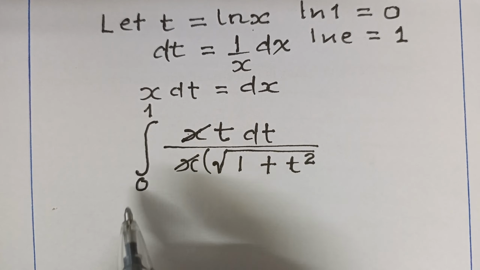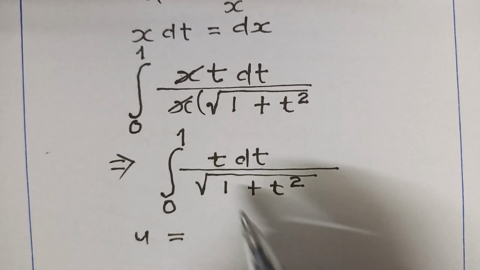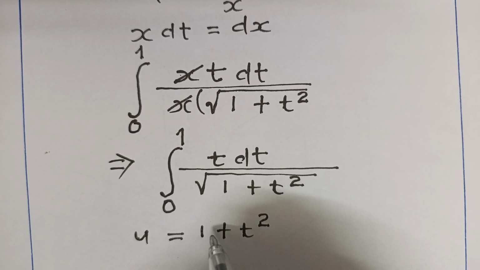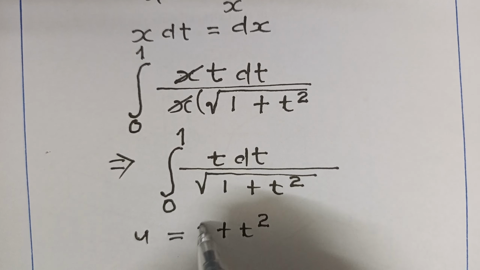Guys, from there, we can now come and replace for 1 plus t squared. That is u, we say u is equal to 1 plus t squared. So guys, we differentiate u, we shall have du dt. The dt, we are going to write it this other side. We differentiate t squared, that comes to 2t.